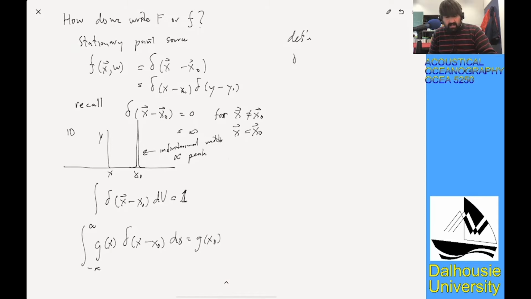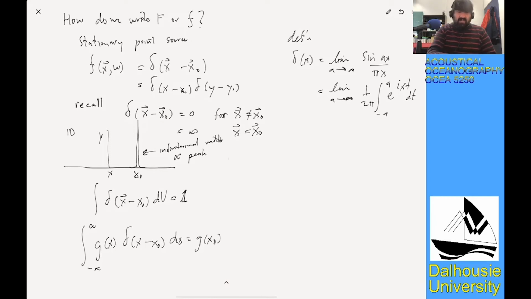We can say that delta x equals the limit as a tends to infinity of sine ax over pi x, very useful, and is equal to the limit as a tends to infinity of 1 over 2 pi, the integral from minus a to a of e to the i x t dt. You can see how those might be very useful at some point when we're using Fourier transforms and that form of the Helmholtz equation that we wrote down.